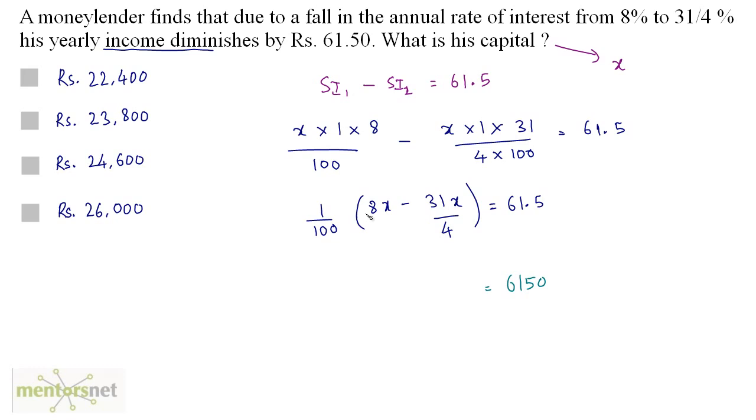On the left hand side, I have 8 4s are 32 minus 31, and that's x by 4. Therefore, x is equal to 6150 times 4, and that is equal to 24,600. So the capital amount of this moneylender is 24,600, and that is in option C.